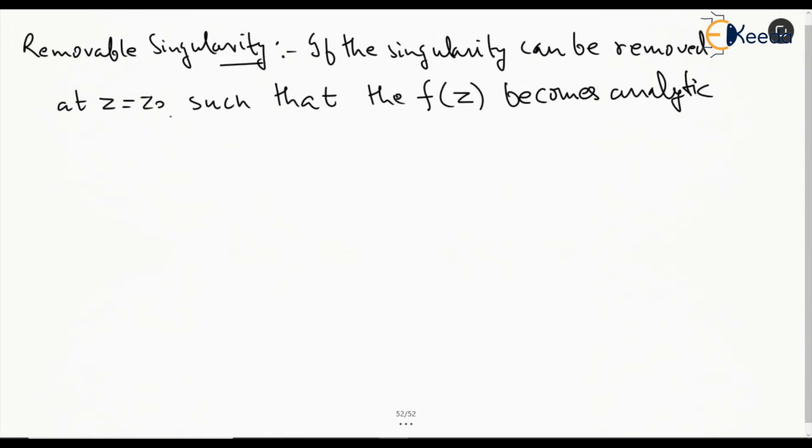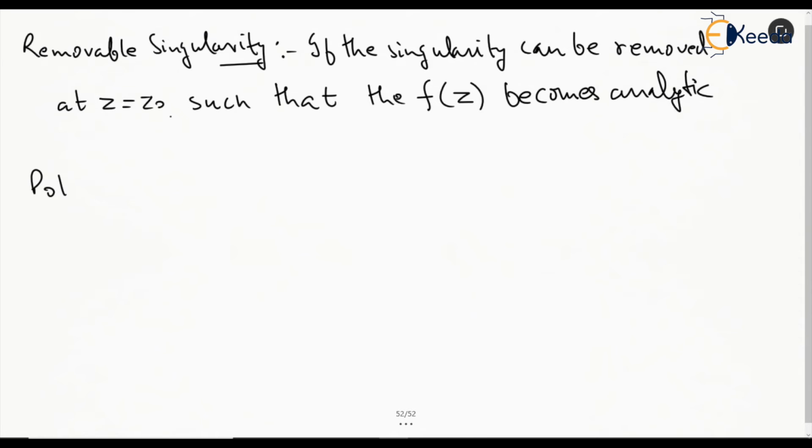If there is a singularity at z equal to z naught, then because of that singularity this function won't be analytic. Now if it is possible to remove that singularity, then that function will become analytic at that point also, right?